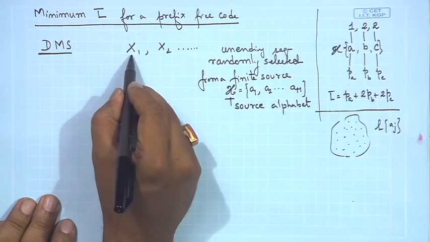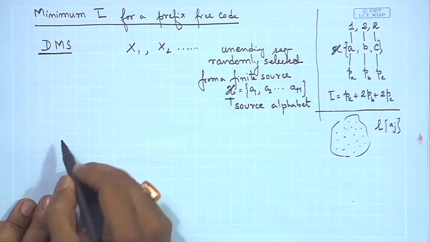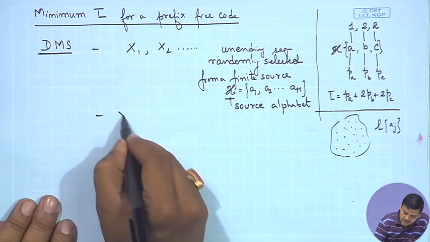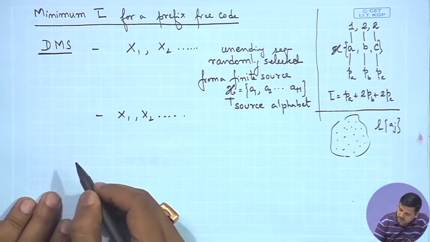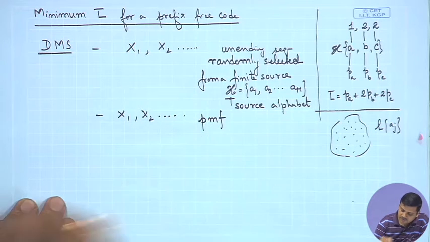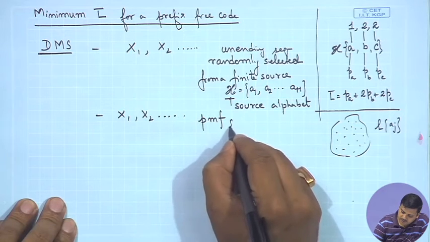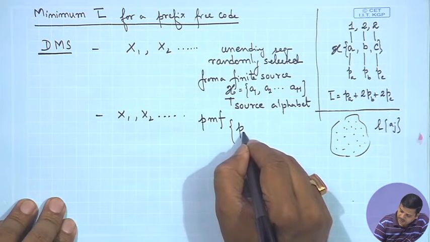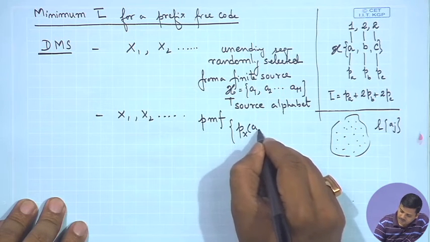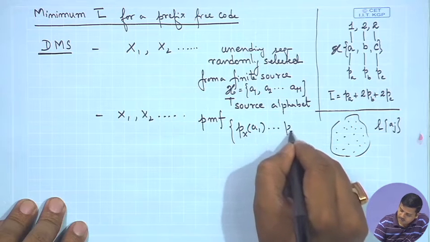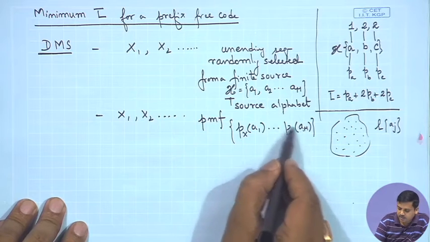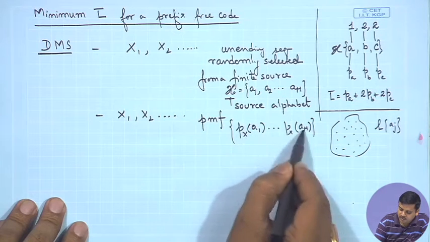These are the symbols. x1 could be this, x2 could be this, and so on, and each source output, that means x1, x2 and so on, is selected with some probability mass function, which would be p of x, from p of x of A1 up to p of x of AM. So, there is a certain probability assigned to these particular symbols.